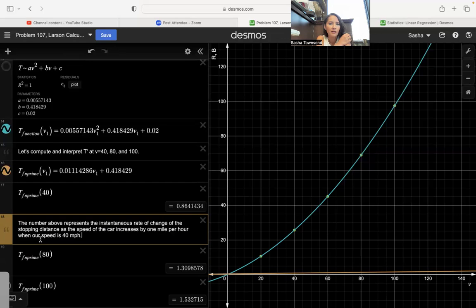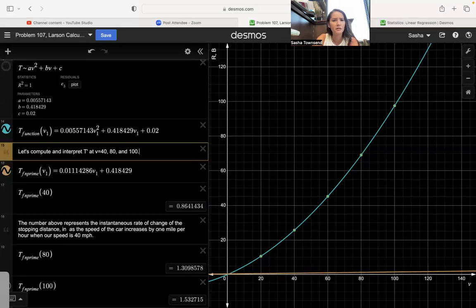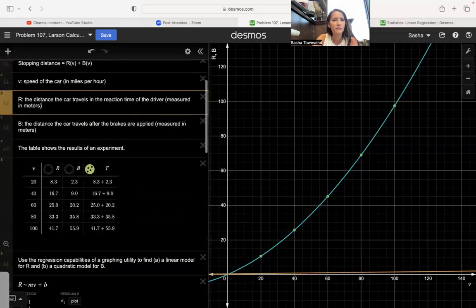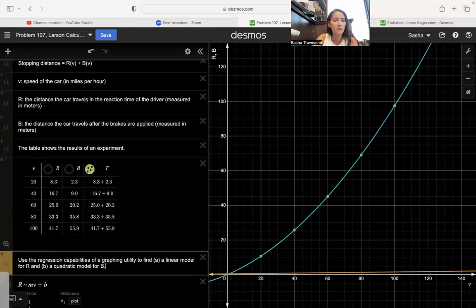If we've got a number of 0.86, it says the instantaneous rate of change of stopping distance is 0.86 meters, right? Because the R and B values are both in meters. Or no, is it meters? I don't remember. Those are in meters. Okay.